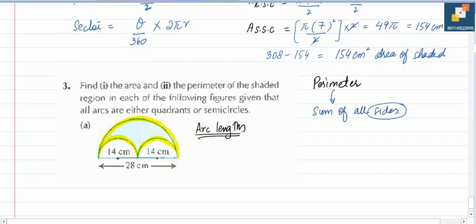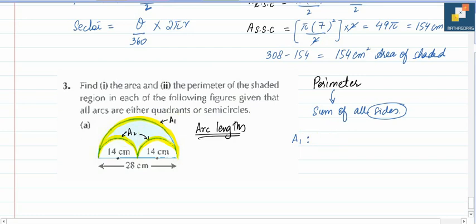To make it easy, we just name them. Let's say A1, arc length 1, A2, and A2 is the same because both semicircles are the same, right? So first I'm going to find arc length 1. Now you have the working formula in front of you.